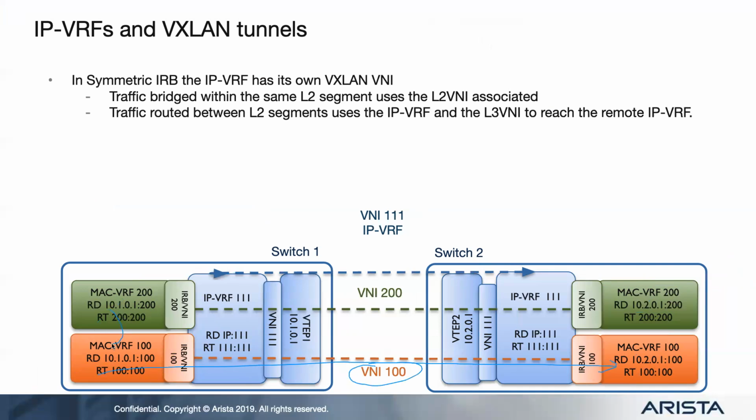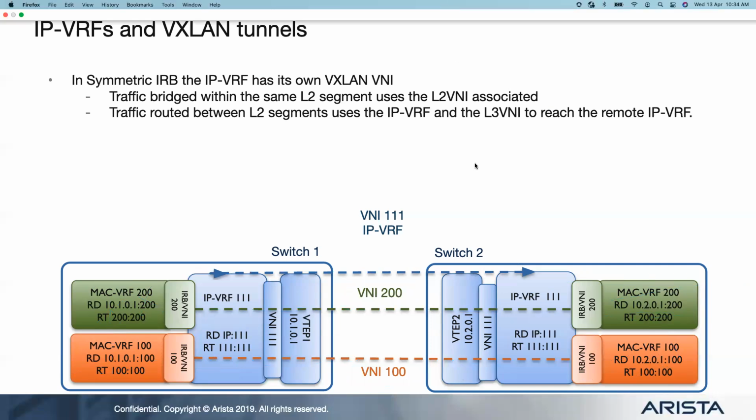If you have both SVIs, asymmetric, then you will route the packet to VLAN 200 and then bridge, so you will use VNI 200 to forward the packet to this guy. And if you don't have this too, only a single SVI on each VTAP, then you will use the common VRF, and through that VNI you will forward the traffic to the host. Does this make sense, is it clear?